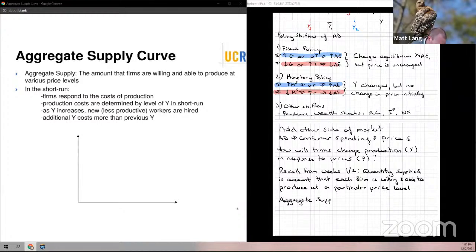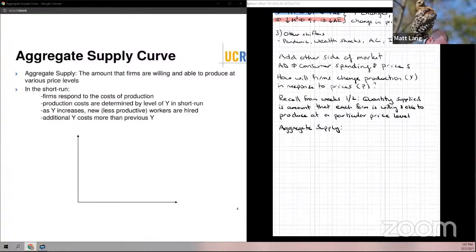All we have to do is adjust our definition of supply and say that this is the amount of production in the entire economy, Y. Instead of that quantity, it's going to be Y, the total amount of production that all firms produce at various price levels. Okay.